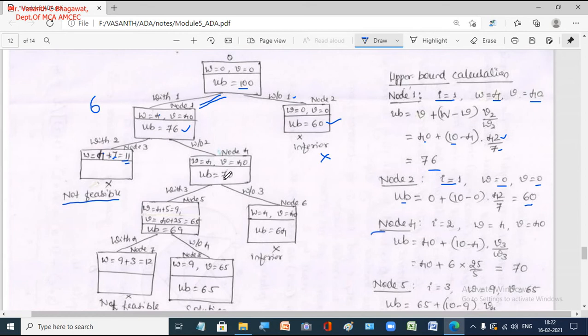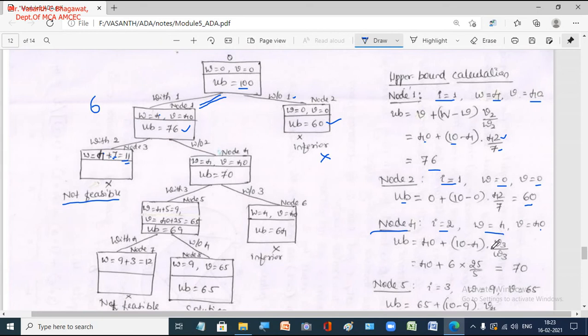Now what is the weight W? When you are at this node, what was the weight previously? The previous weight was 4 kg and the profit was 40. So we will write W equal to 4, V equal to 40. Calculate the upper bound: upper bound equal to V, that is 40, plus capacity of knapsack 10 minus weight 4, multiplied with, i is 2, so i plus 1, V3 by W3.